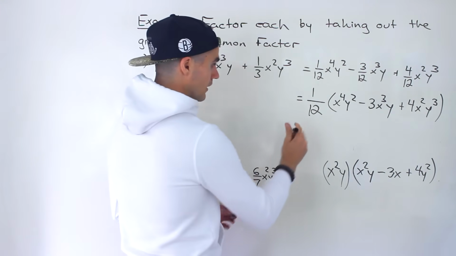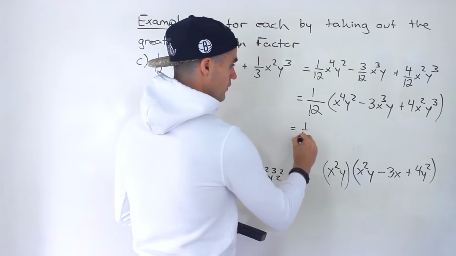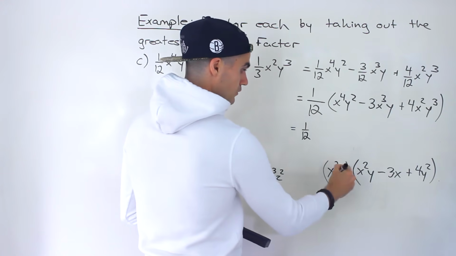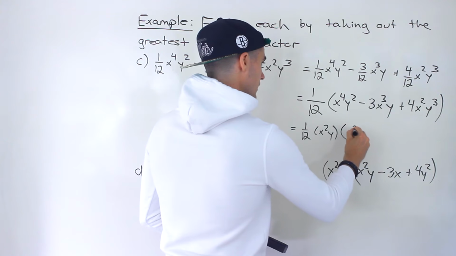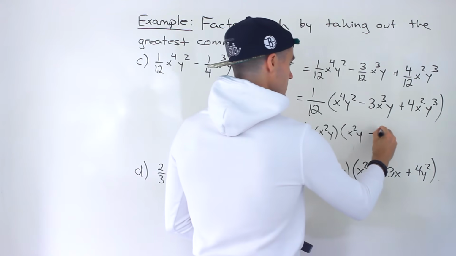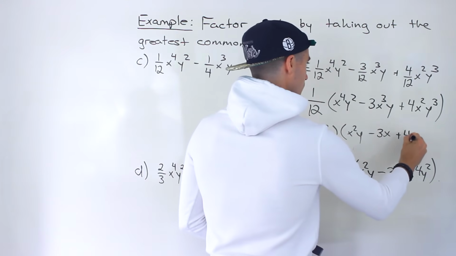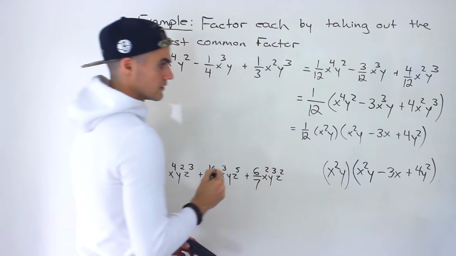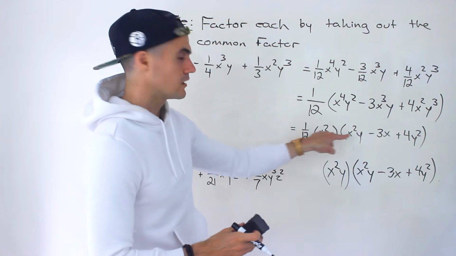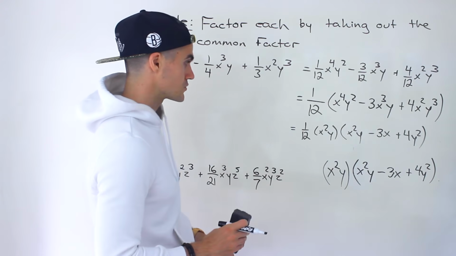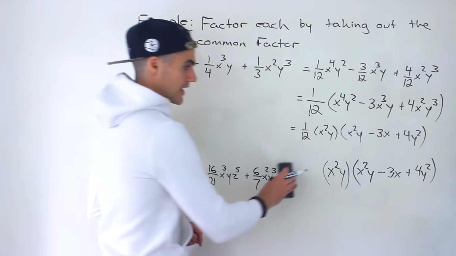So if we write that all out, we'd have the 1 over 12, and then this bracket converts to these two brackets. We'd have x squared y minus 3x plus 4y squared, like that, right? This bracket, all we did was took this bracket, wrote it as those two. And that's pretty much it.